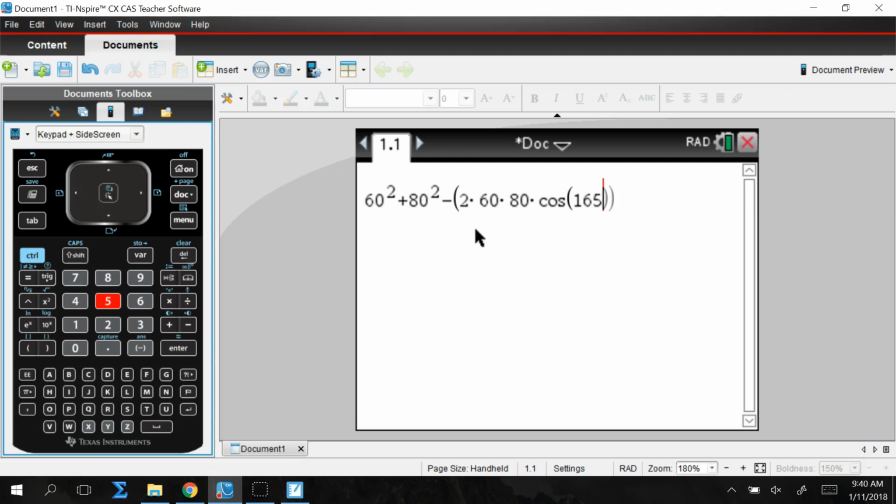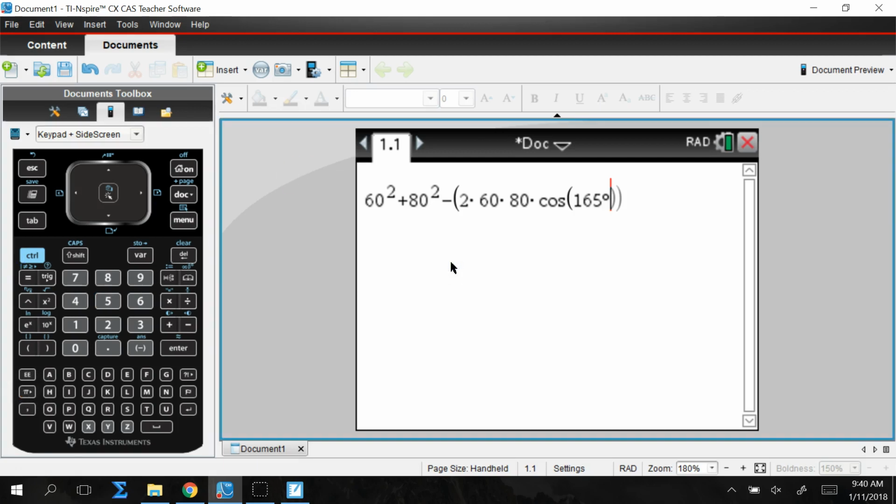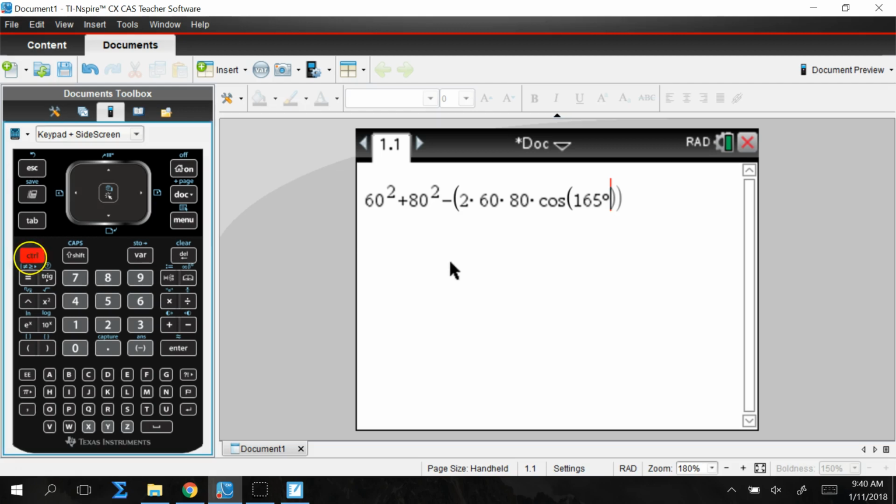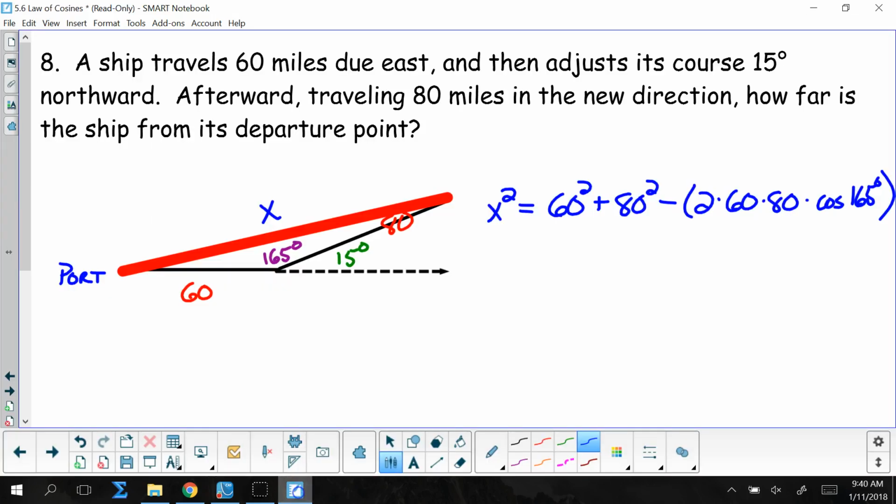Even if I had calculated it before in degrees, I have to put that degree symbol on there to make it be calculated as degrees. So that's going to give me 19,272.9 as my x squared. I think I might have said 62.9.